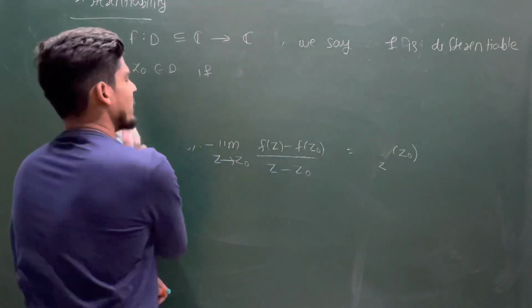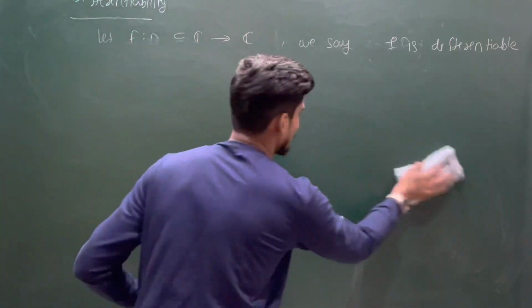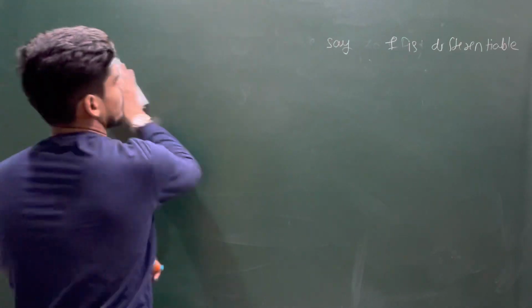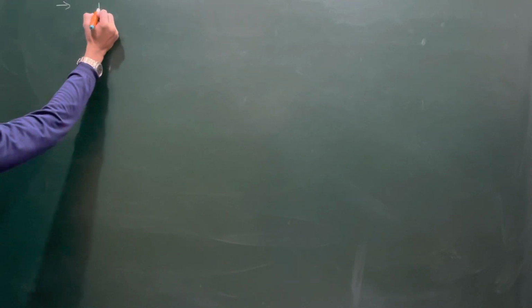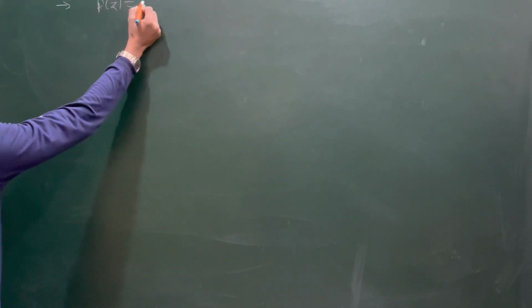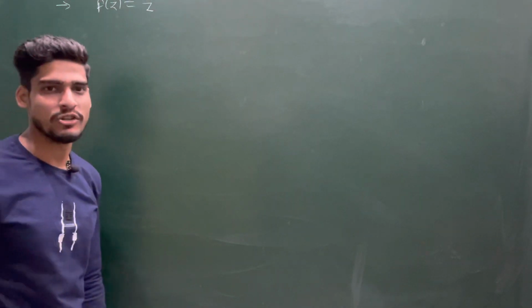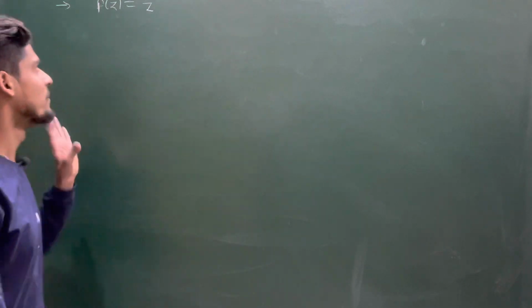Let me give you one example so that you feel a little comfortable. f(z) is equal to z bar. So give me the points on the complex plane where your function is differentiable. Just be simple.